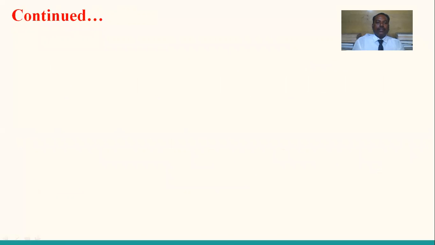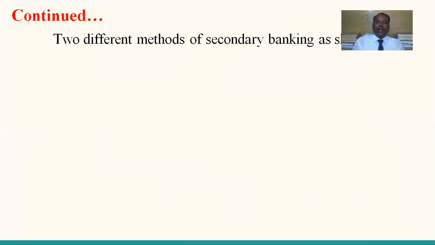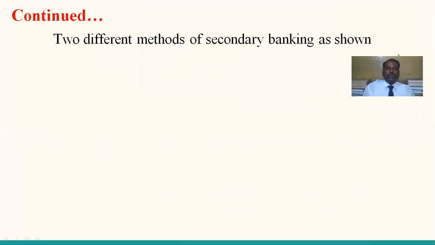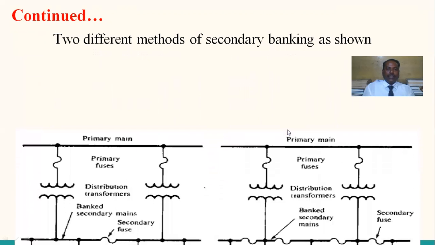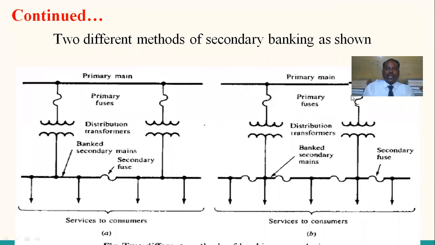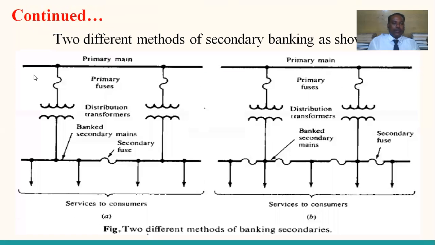And you see here, there are two different methods of secondary banking. This is the primary main, and from the primary you take the lateral through the lateral piece and give it to the distribution transformer primary in the same fashion, and this side also.